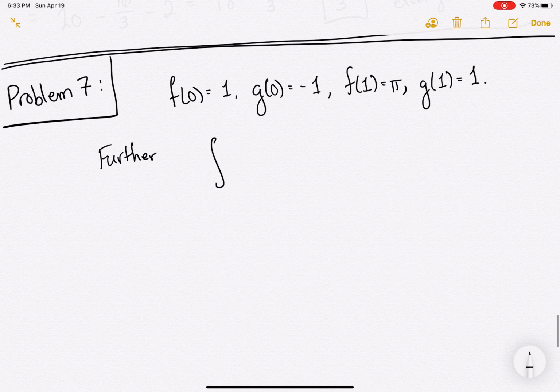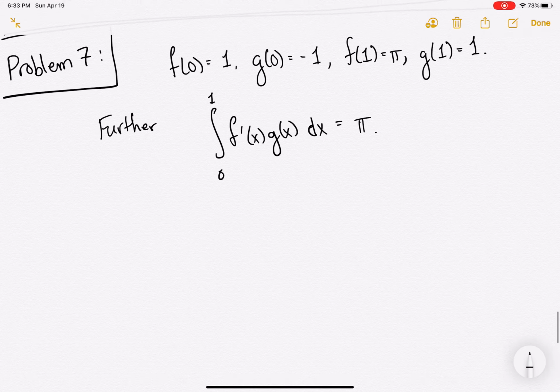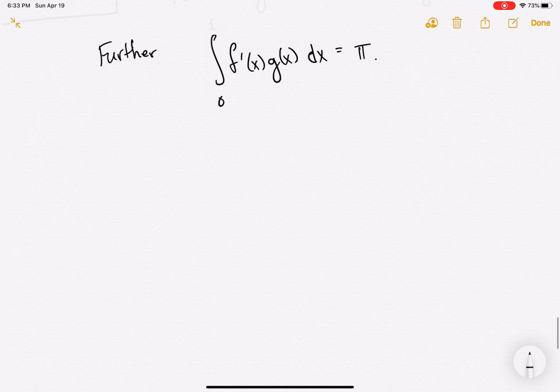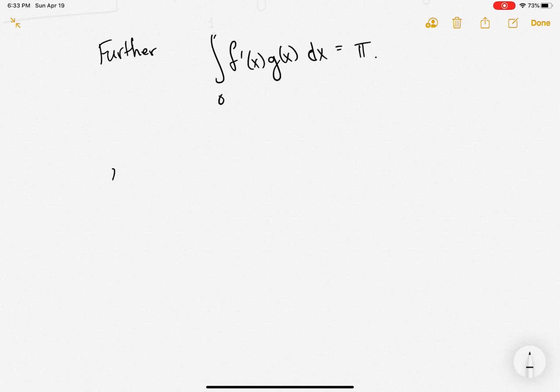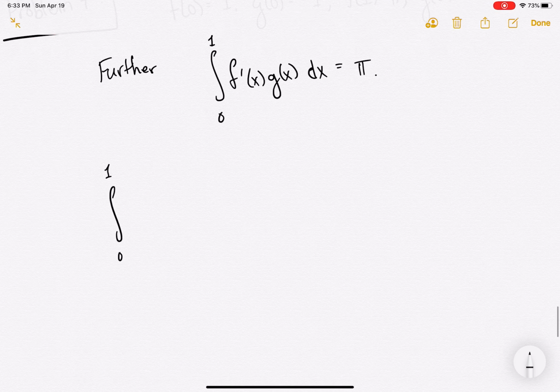we have that the integral of f prime of x, g of x, dx from 0 to 1 equals pi. What we want to solve is the integral from 0 to 1 of the opposite of the integral I've given you.